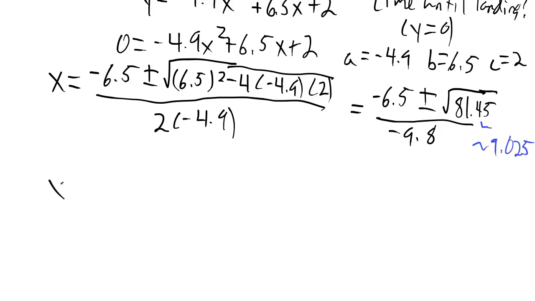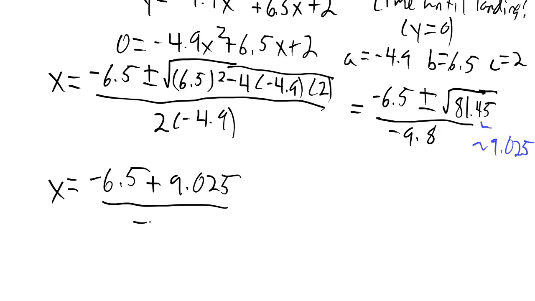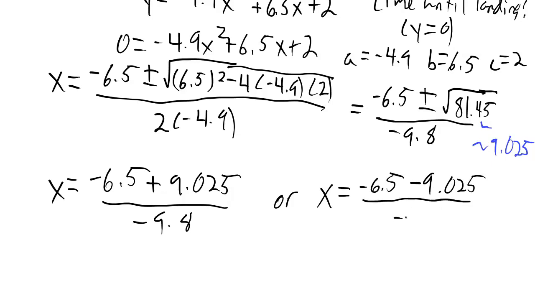So we get x is equal to negative 6.5 plus 9.025 over negative 9.8. Right, that's the plus here. Or we have subtraction, so it's negative 6.5 minus 9.025 over negative 9.8. And from there, we can just put these into our calculators.